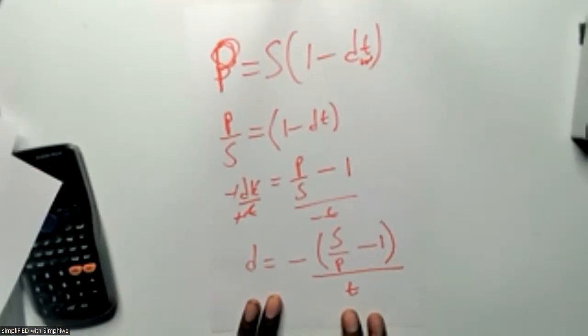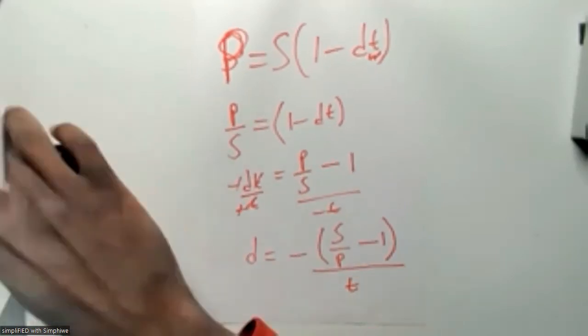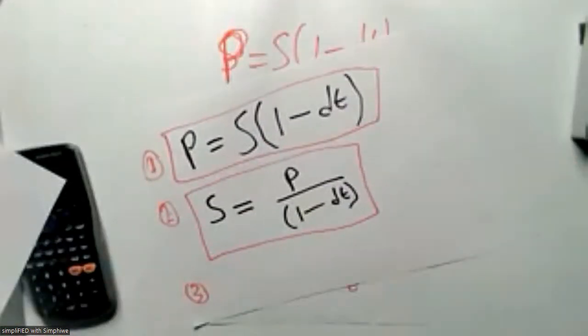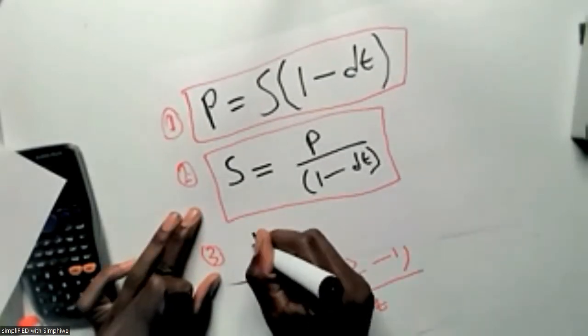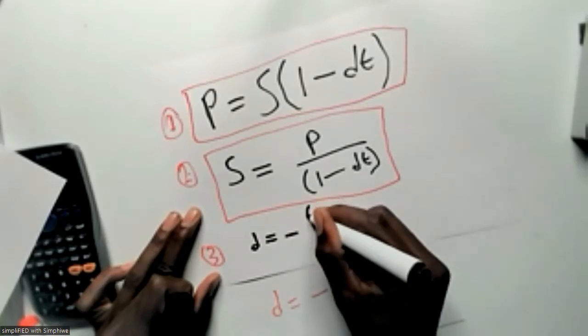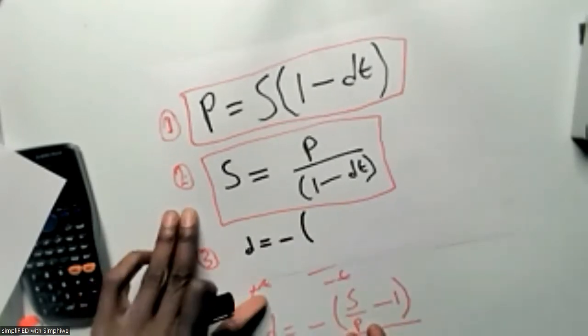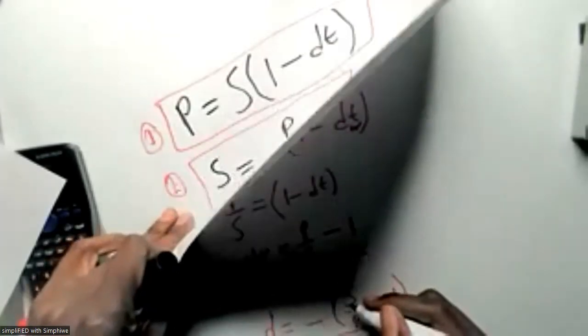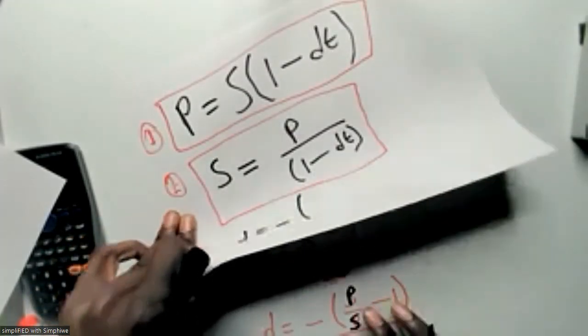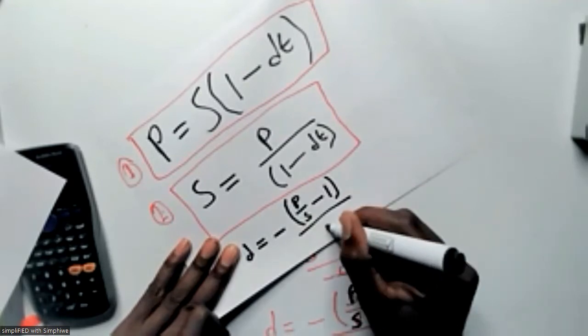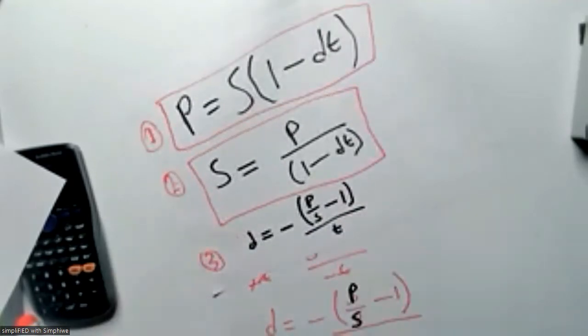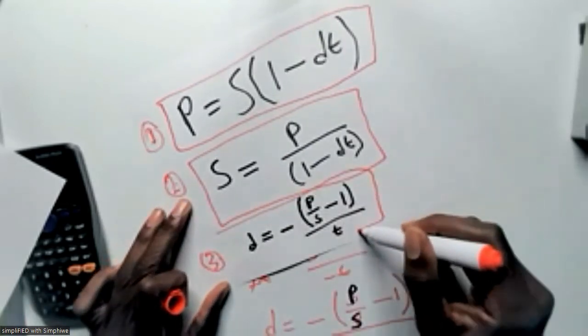So this then we say is your formula for calculating the discount. So if I write the third case on my equation, it will say D is equal to negative, not S over P, so it's P over S, the way it is from the original when you divide. So it's negative (P over S minus 1) all over T. This is our third case.